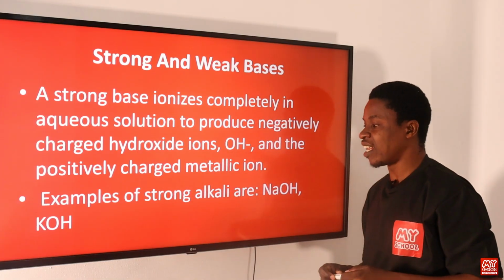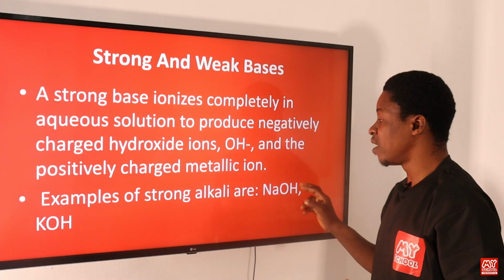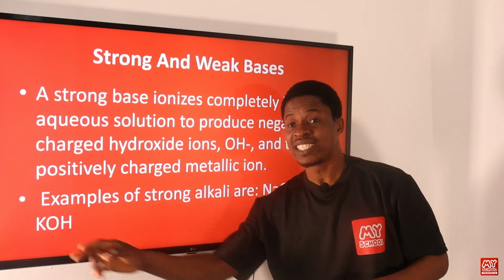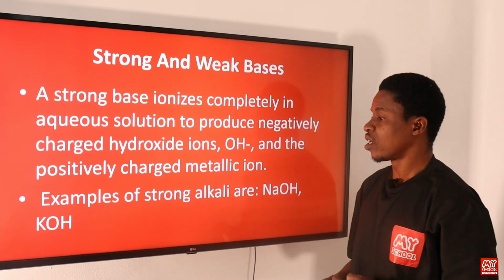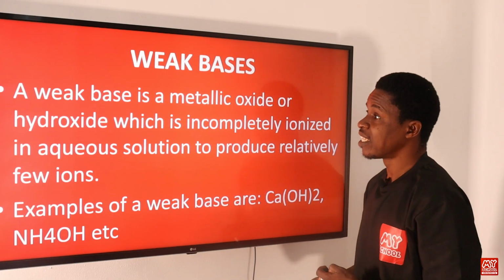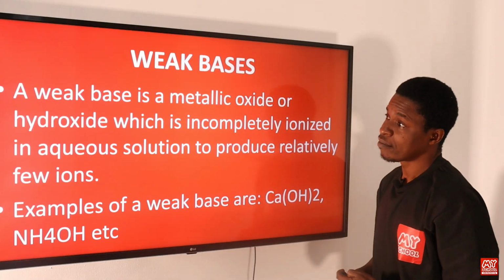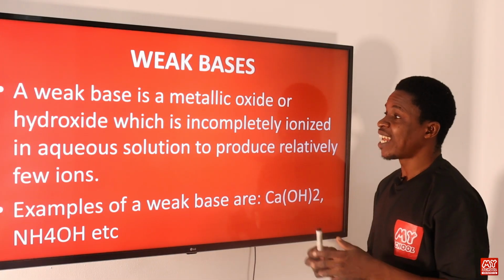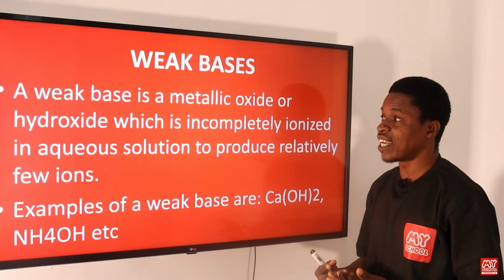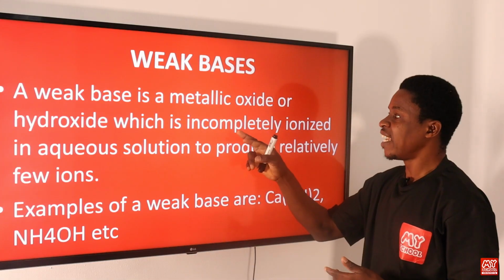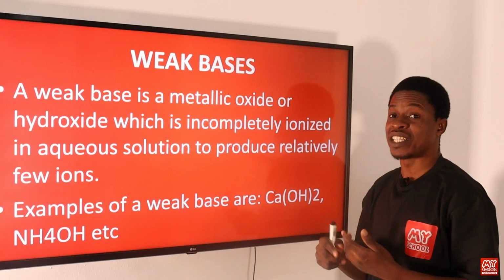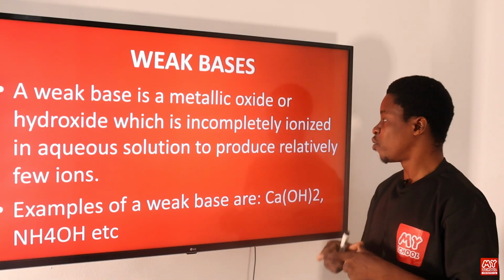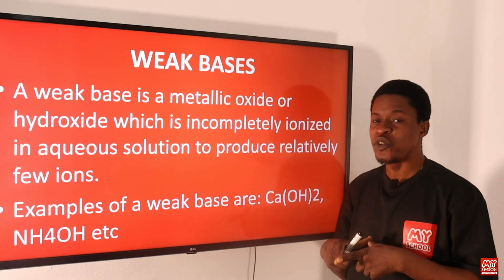Examples of strong alkali are NaOH, that's sodium hydroxide, caustic soda. We have potassium hydroxide, that is another example of a strong alkali. Now we look at the weak bases. Weak bases, conversely, are metallic oxides or hydroxides which are incompletely ionized. In other words, they are partially ionized in aqueous solution to produce relatively few ions.